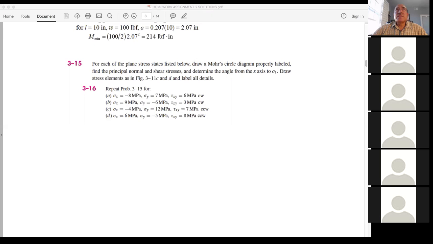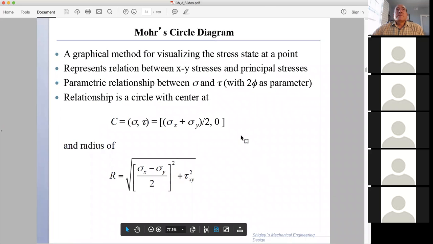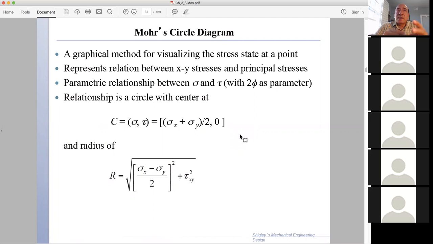So in this review for Mohr circle, I just wanted to have the Mohr circle only right here. We get three numbers, sigma x, sigma y, and tau xy. From the first two numbers, x and y, we find the center of the circle.